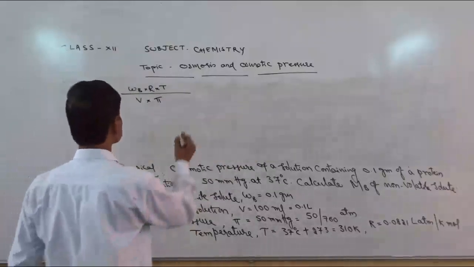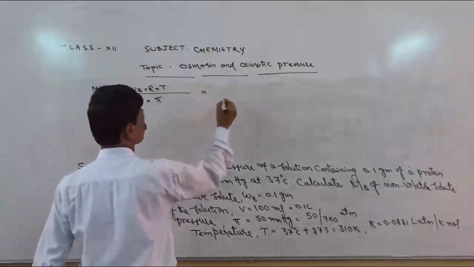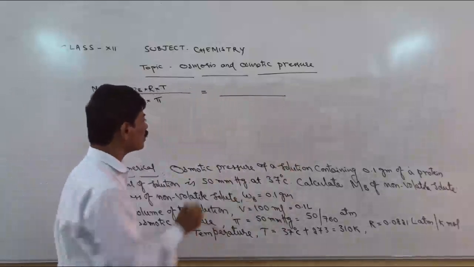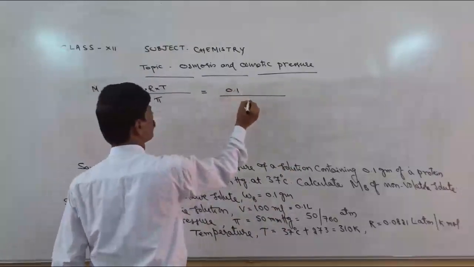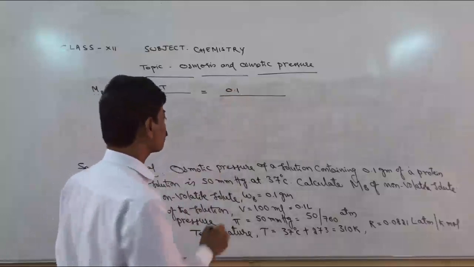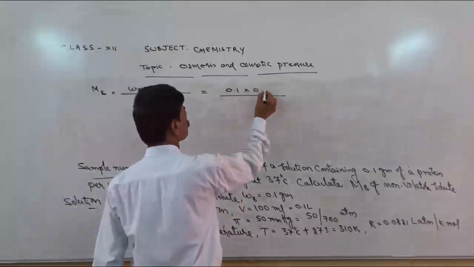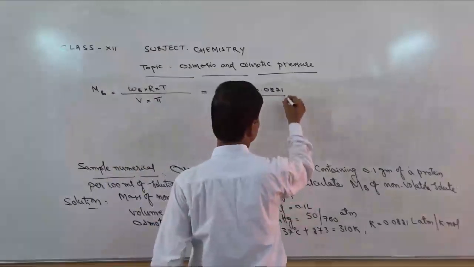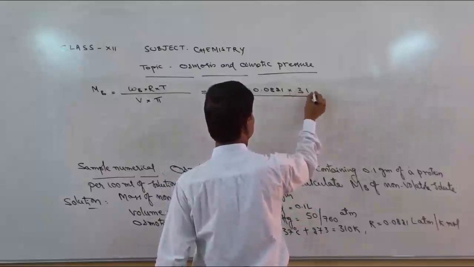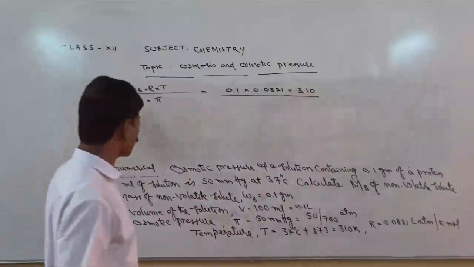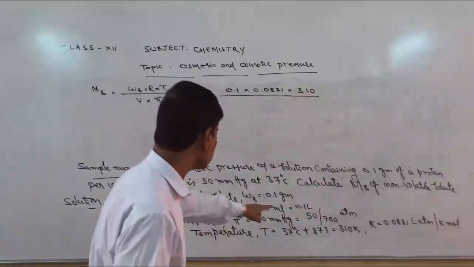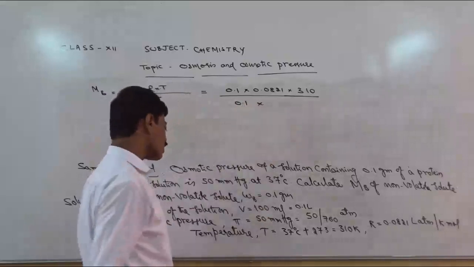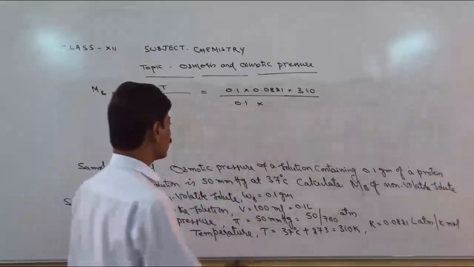Now substituting the values. WB is 0.1 gram into gas constant 0.0821 into temperature 310 divided by volume of the solution 0.1 liter into osmotic pressure 50 divided by 760.